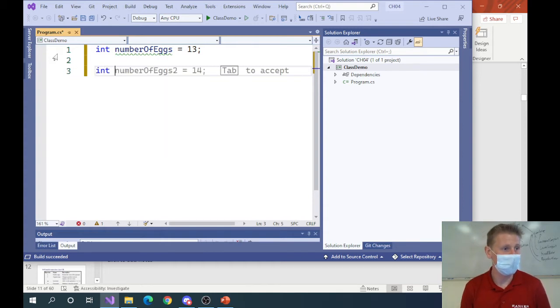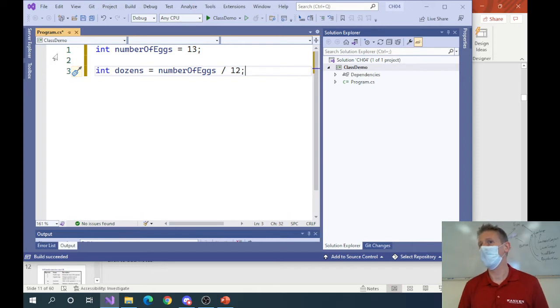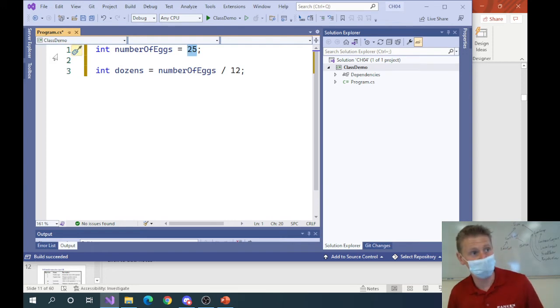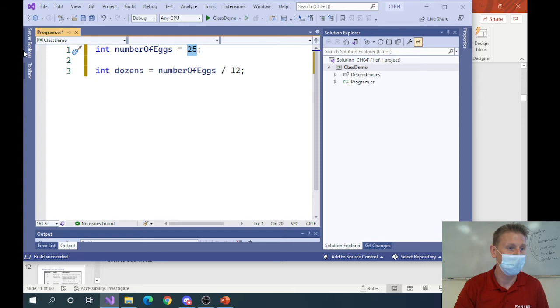So you could say int dozens equals number of eggs divided by 12. You're not really caring about the remainder. You just want to know how many dozens there are. There's 1 dozen. In the case of 25 eggs, well, there's 2 dozens. You don't really care about the remainder. You just want to know how many dozens of eggs.